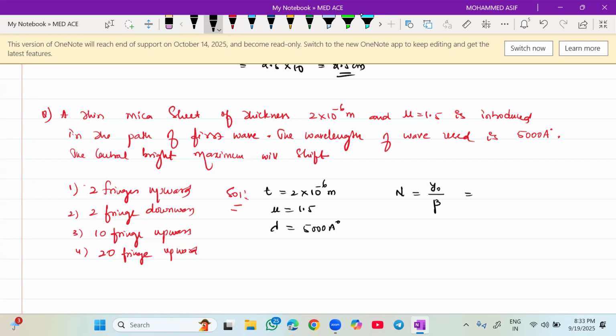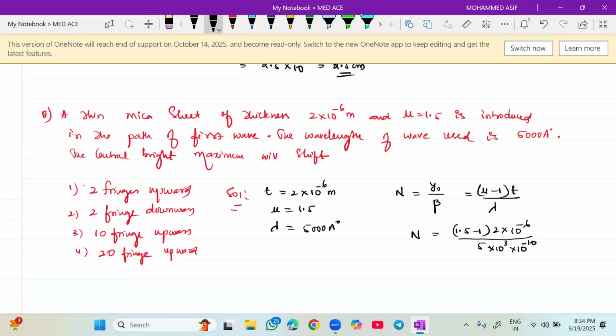How do you calculate y naught? Y naught is equal to mu minus 1 into thickness T divided by lambda. This is the formula I told you. So N is equal to 1.5 minus 1 into thickness T, 2 into 10 power minus 6 divided by wavelength. Wavelength is 5000 angstroms, so it will be 5 into 10 to the power 3 into 10 to the power minus 10.